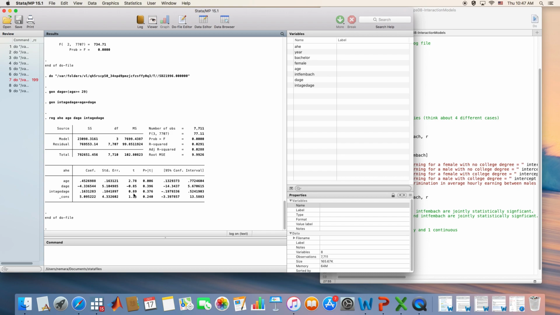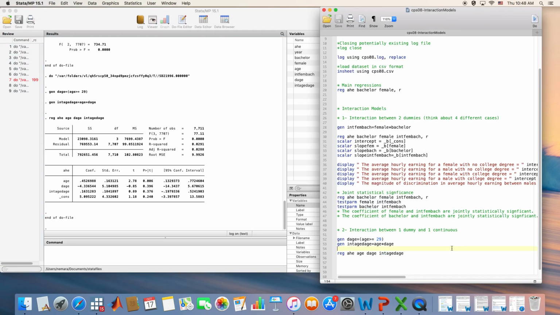We basically can say the following, so I want you to note the following. dh adds to the intercept of the mean regression. What is the mean regression? It is the regression of AHE on age.